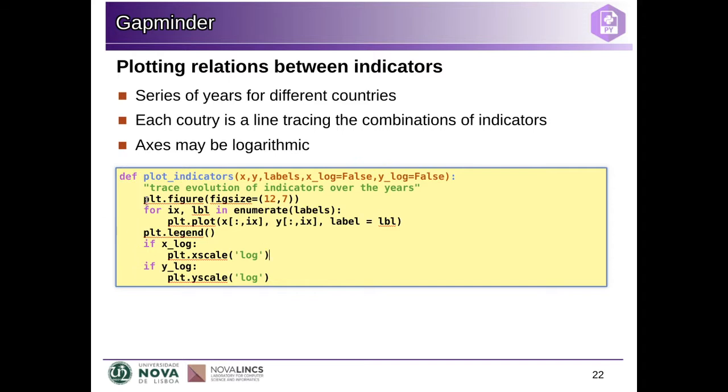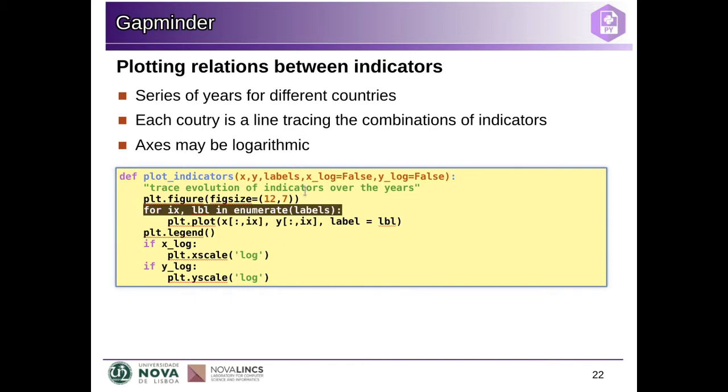And in our function, what we can do is we create a new figure, and then we loop through all these labels, so the different countries. And we use enumerate because we also need the index in order to find the appropriate column in the x and the y matrices. And when we do the plot, we also add this argument here. So we are specifying that the label for this series is the name of the country that we are looking at.